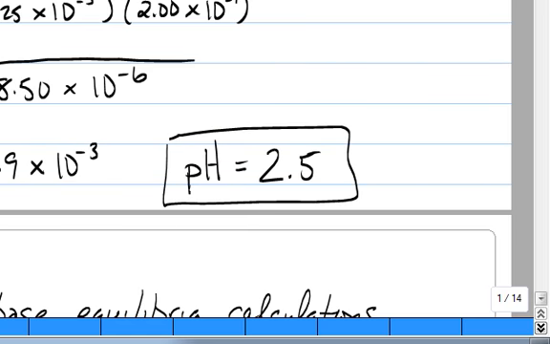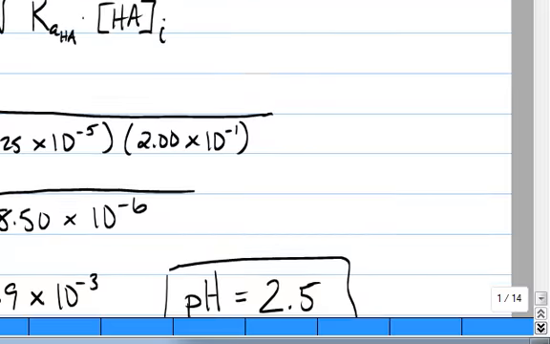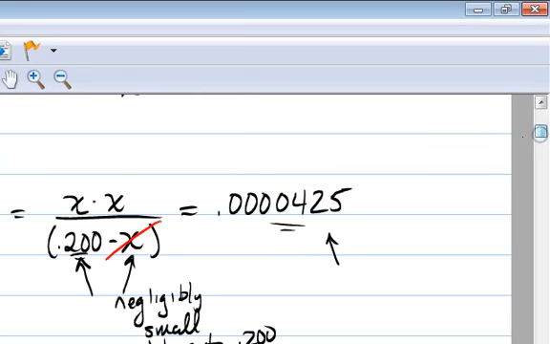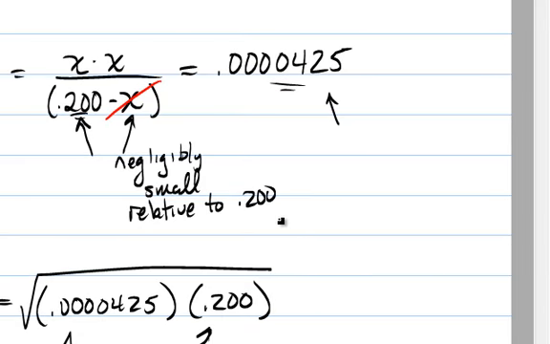Now for the most important check, let's see whether our assumption was correct. When we solve for x, which is the concentration of H plus at equilibrium, that's 2.9 times 10 to the minus 3. Was that indeed negligible compared to 0.200? Well, let's see. Check.